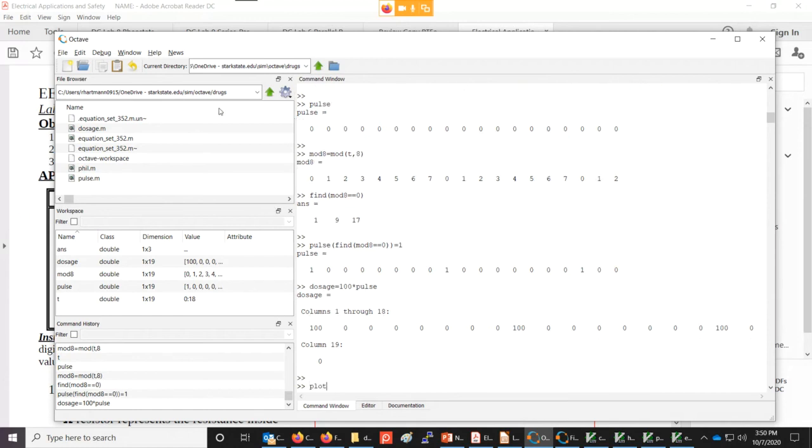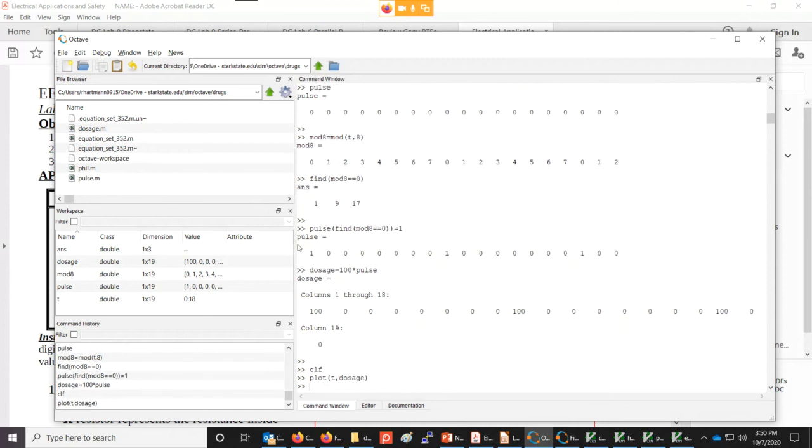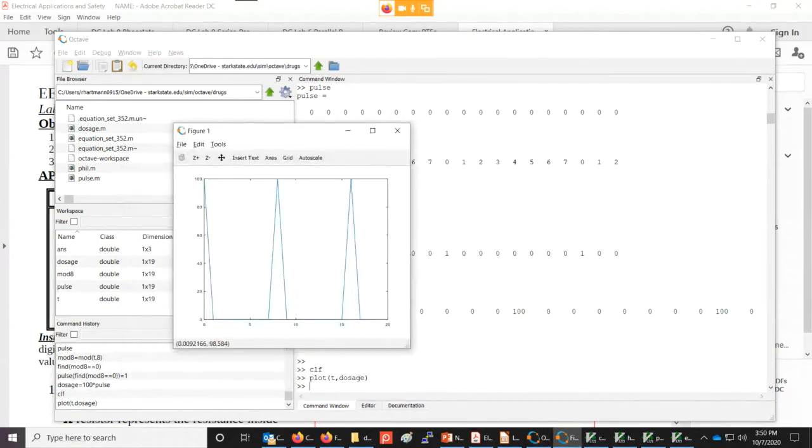Okay, and so then if we tried to plot that, T comma dosage, and we look at this graph, then you can see that at 0 and at 8 and at 16, I have a dosage of 100.